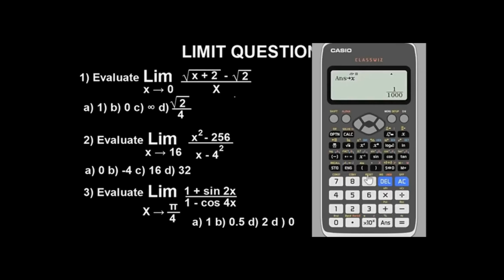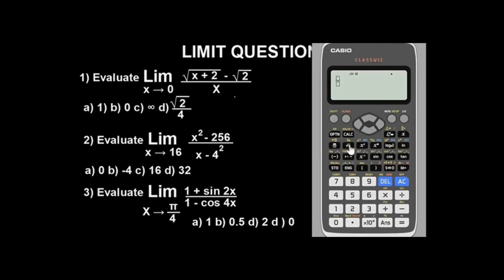Okay, so having known this, let's go ahead and solve this question now. Press the AC key so that it will wipe out. So let's input these values exactly as they are appearing here. It's in fraction, so you make use of this fraction button. Just input everything exactly as it is appearing in the question.